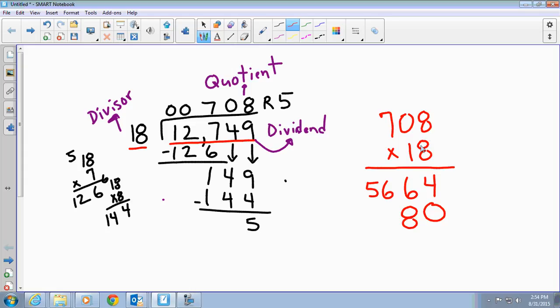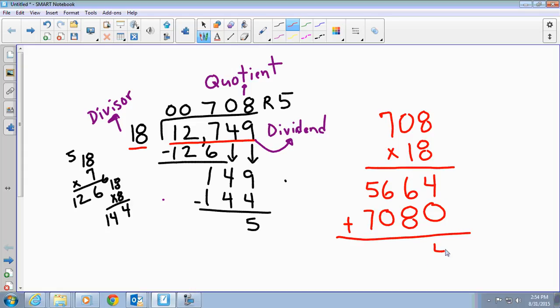Back to the problem. 1 times 8 is 8. 1 times 0, of course, is going to be 0. Anything times 0 is 0. And then finally, we're doing 7 times 1, and any number times 1 is going to be that number. So I have 5, 6, 6, 4, 7, 0, 8, 0.